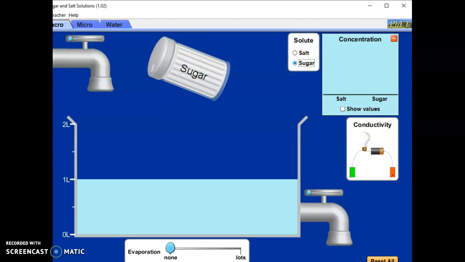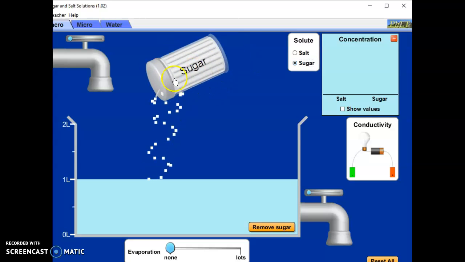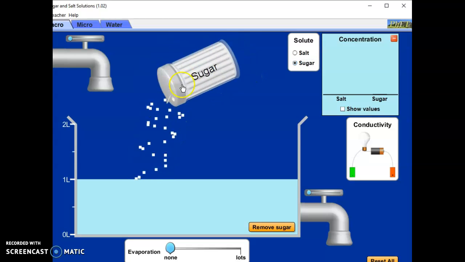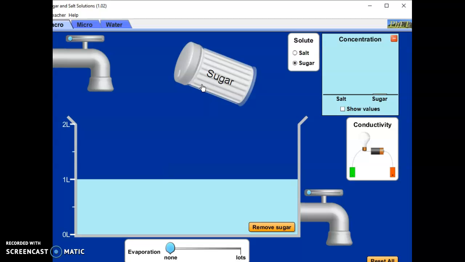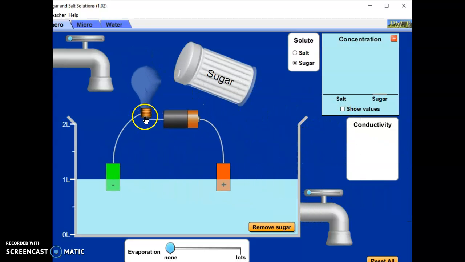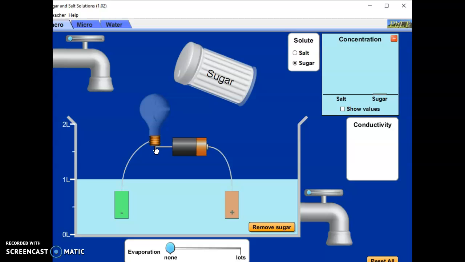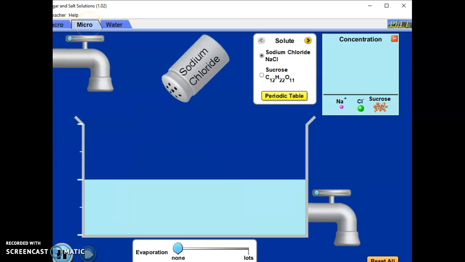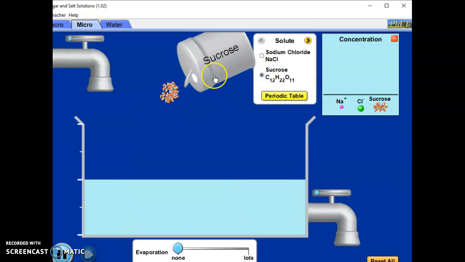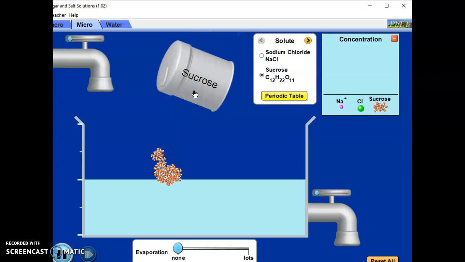And we can look at this too. So we've got a little sugar container. We can dump that in there. That looks like plenty. And we can check our conductivity. And we got nothing. Because when you look at this, looking at sucrose, which is sugar, it doesn't form charged particles, just individual molecules floating around there.